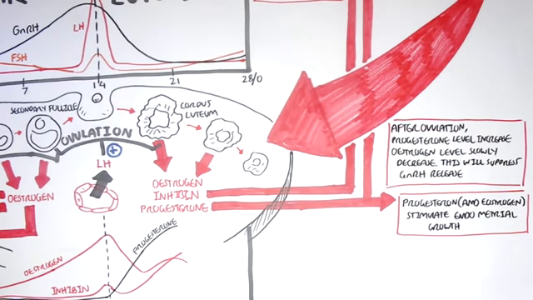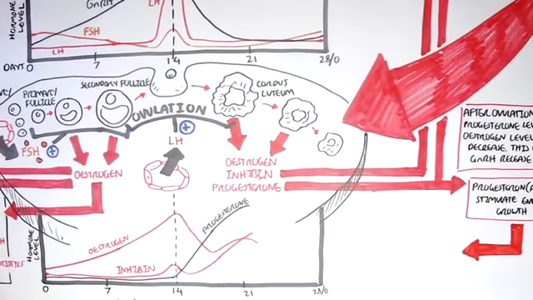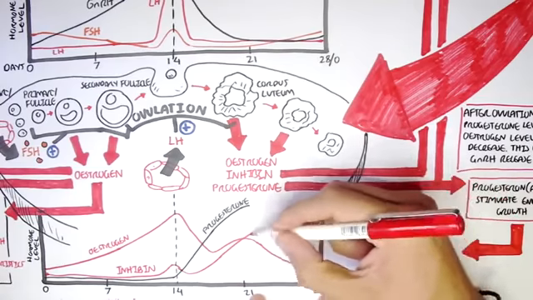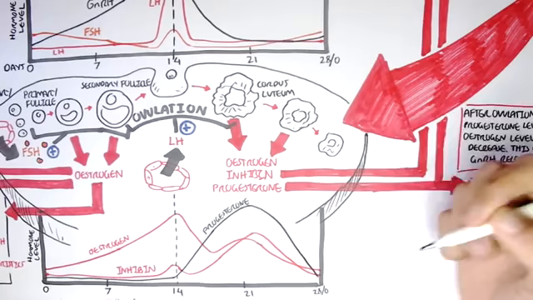And of course, all good things have to come to an end. The corpus luteum in the ovary will degenerate, allowing a new set of follicles to mature. As the corpus luteum degenerates, all these hormones that were produced by it, the estrogen, inhibin, and progesterone, will decrease like so.